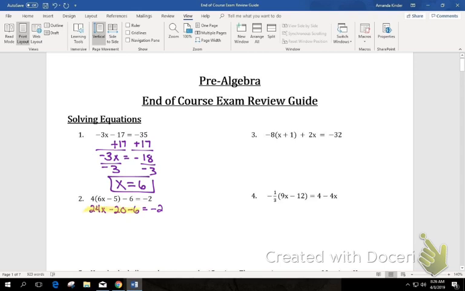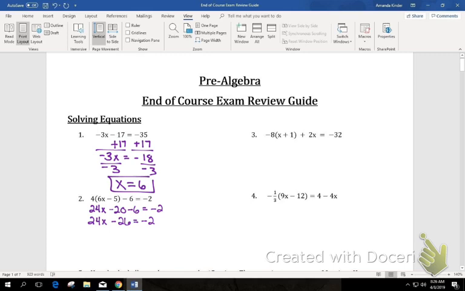Nine times out of 10, or 10 times out of 10, when you see that distributive property, there's going to be like terms that you need to combine after that. So what like terms can I combine in the next step, Lily? Negative 20 and negative 6. Very good, which makes? Negative 26. And now I'm ready to solve my 2-step equation.